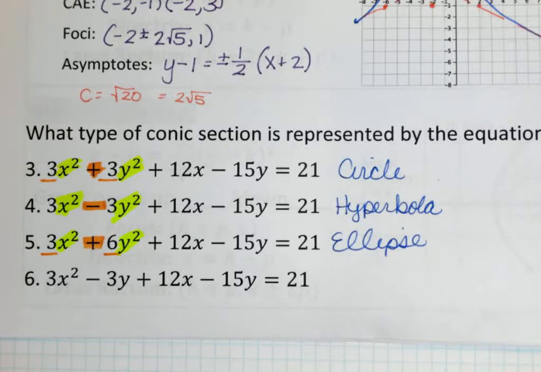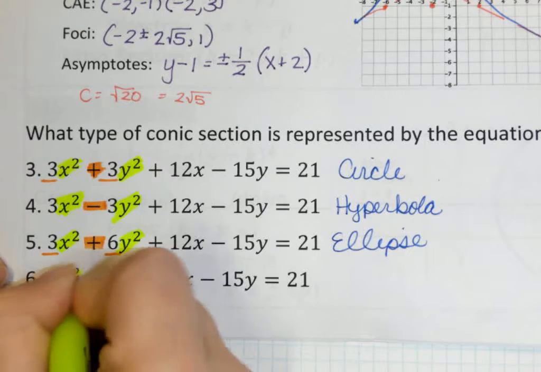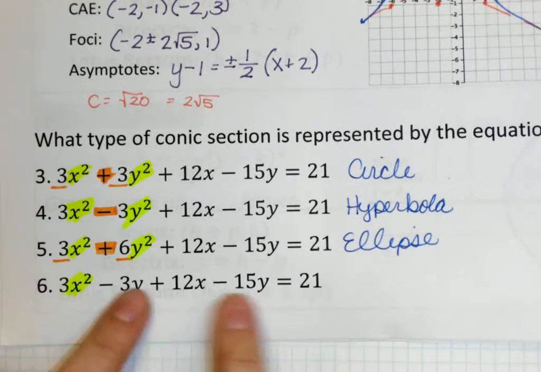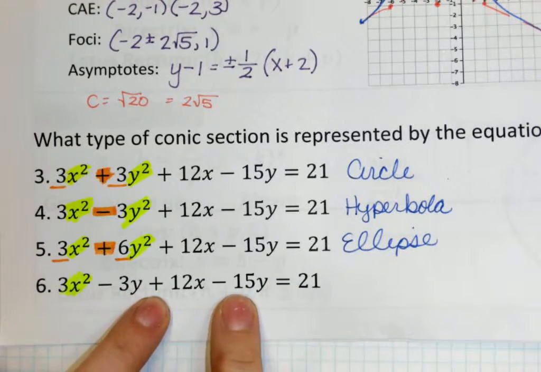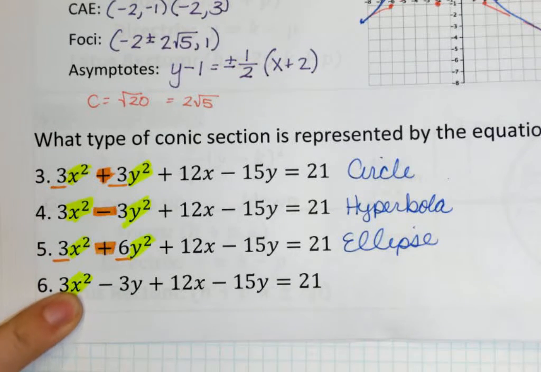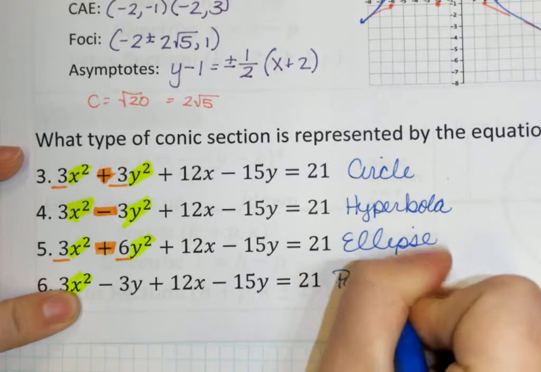Now I want you to look at the last one. Why do you think people might think there's a typo in the last one? There's only one thing that's squared, and that's the x. This is done on purpose, and technically if you see that, you would have just combined like terms and said, oh, okay, minus 18y. When you only have one variable squared, that automatically makes this a parabola.